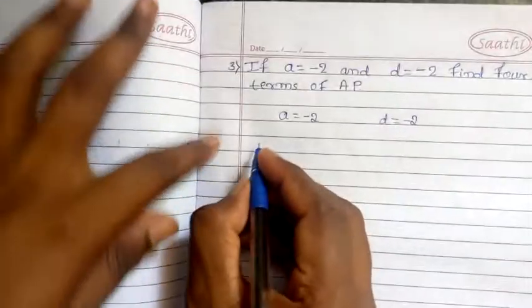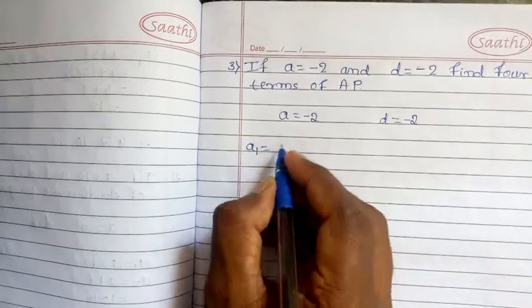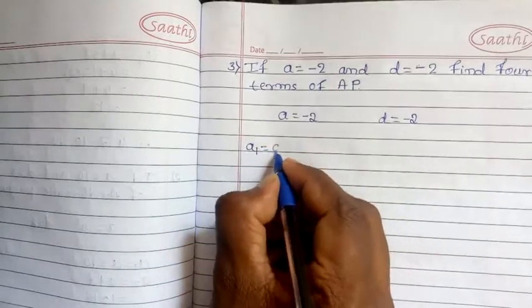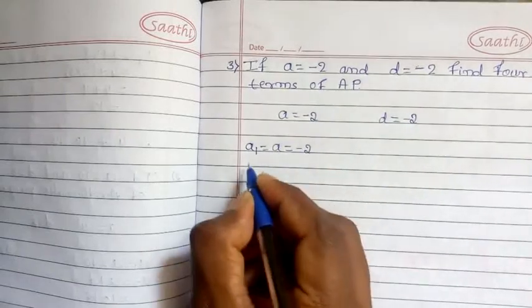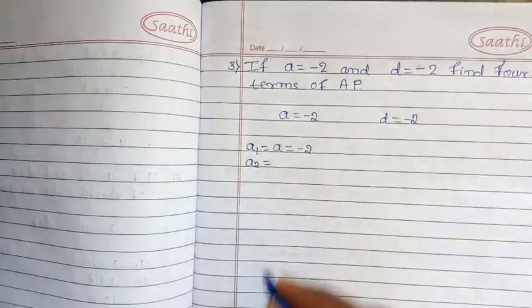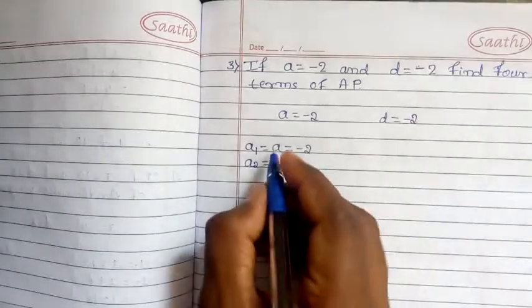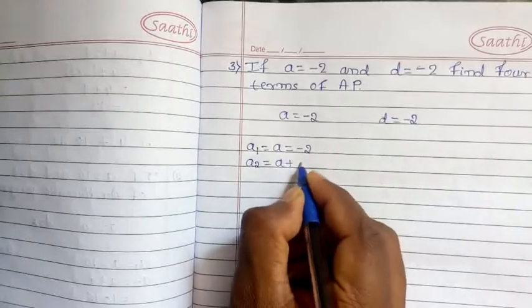That is, first term a1 is equal to a, which is -2. Then a2, the second term of the arithmetic progression, general form is a plus d.